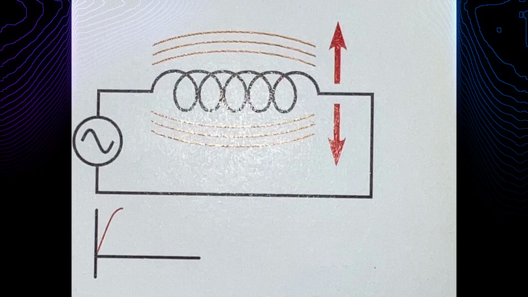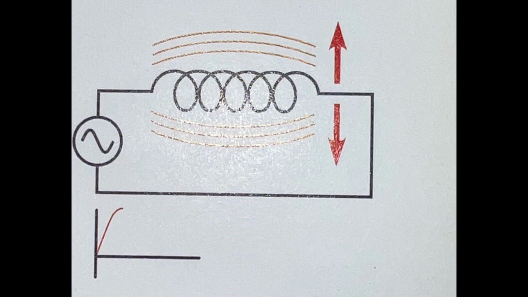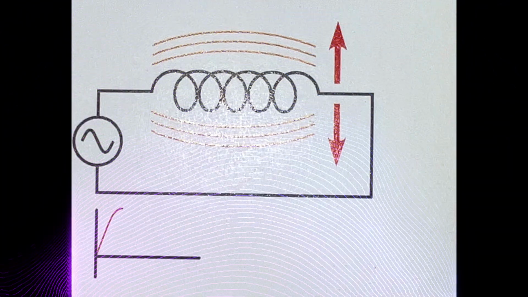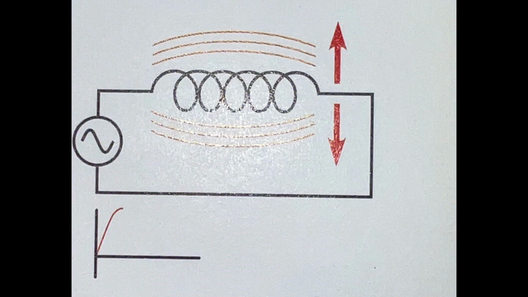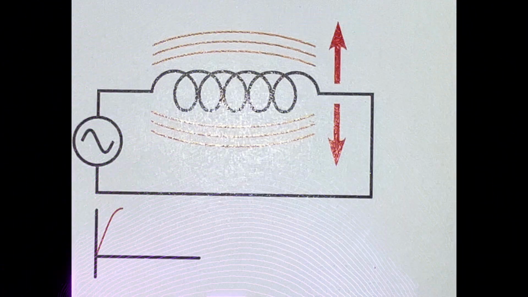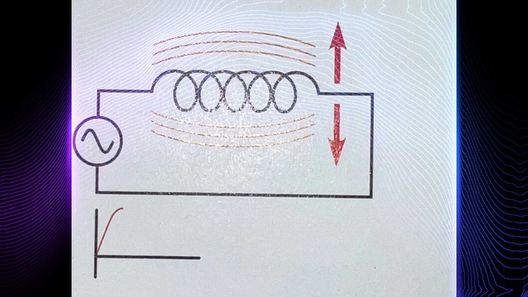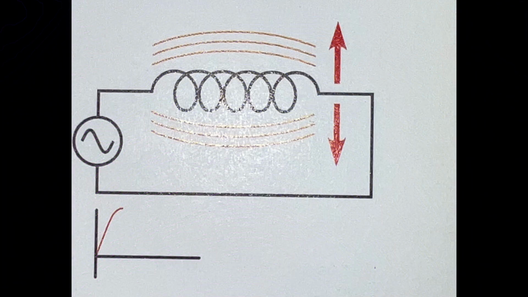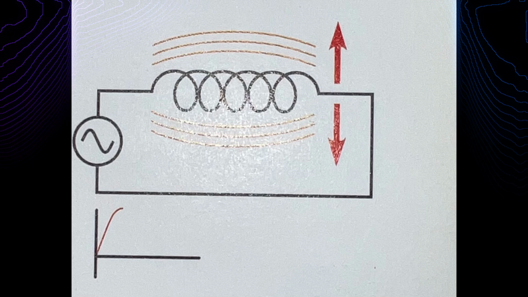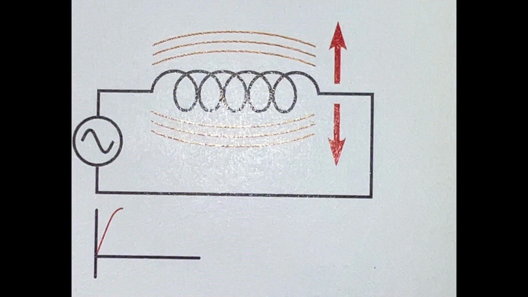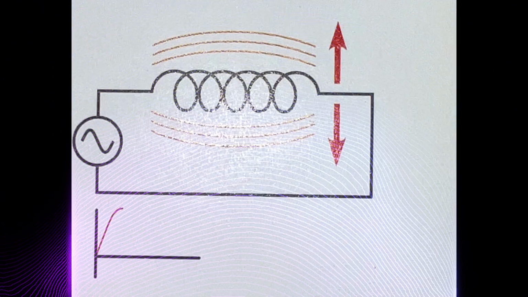Recall that the induced voltage is proportional to the rate of change of current, the speed of current action. At the beginning of the waveform, the current is shown at its maximum value in the negative direction. At this time, the current is not changing, so induced voltage is 0.